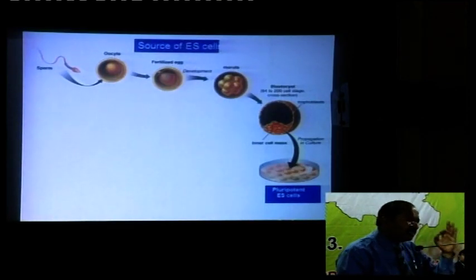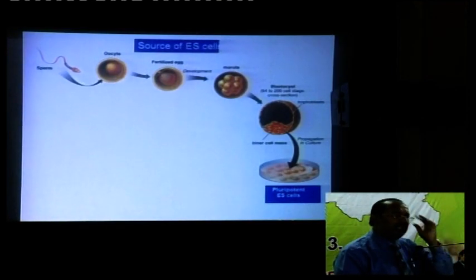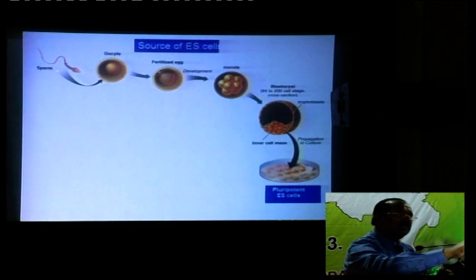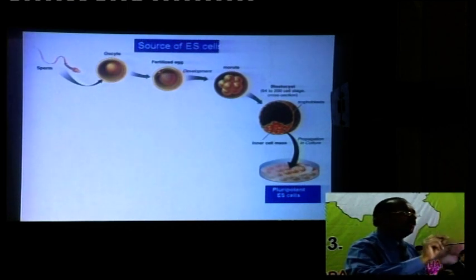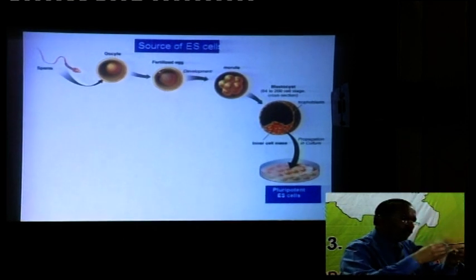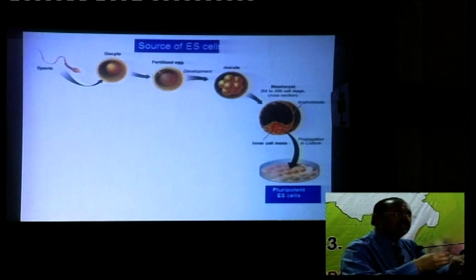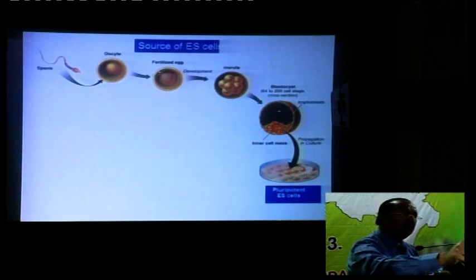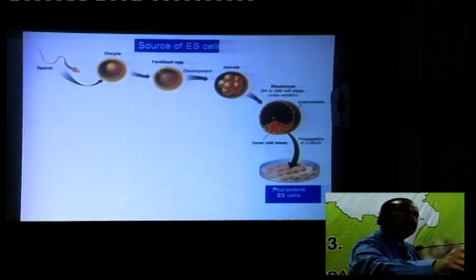What is a stem cell? Basically, if you look at this diagram, once fertilization of the ovum takes place with the sperm, the fertilized ovum begins to divide, 2, 4, 8 and so on, and it forms the morula. Then you have the blastocyst.